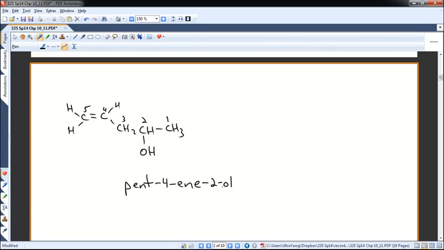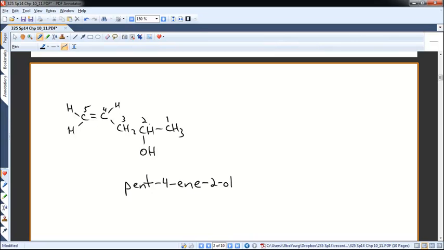Alcohol's higher priority group, so it should be ene and then ol. I should probably look this up, but I don't remember if it's alphabetical, E versus O, or if it's priority, OL comes last. I think it's alphabetical actually, so E comes before O, so that's why it's pent-4-en-2-ol rather than pent-2-ol-4-ene. But I could be mistaken on that.